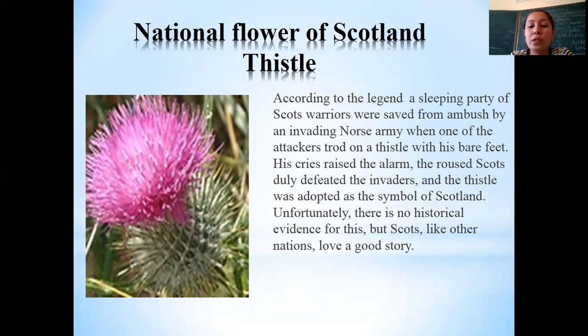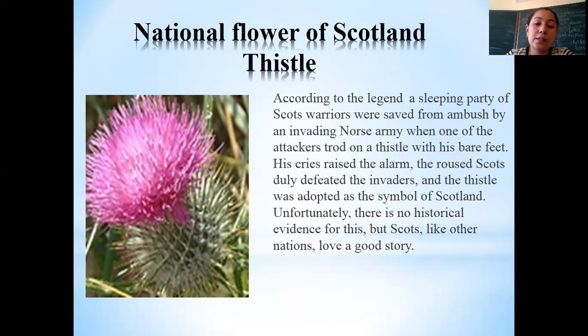His cries raised the alarm. The roused Scots duly defeated the invaders, and the thistle was adopted as a symbol of Scotland. But unfortunately, there is no historical evidence for this, but Scots, like other nations, love a good story.